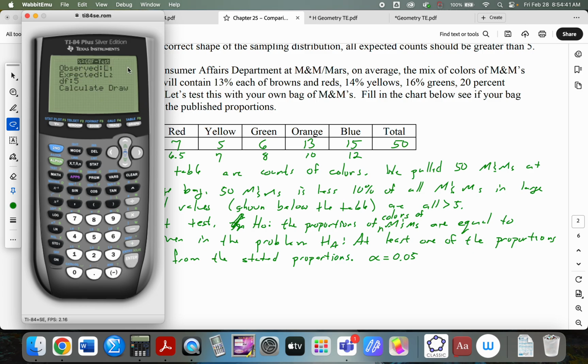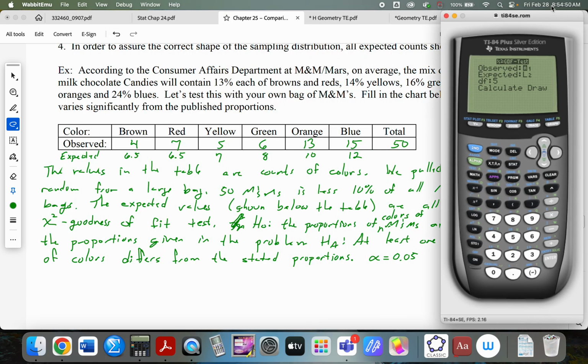It tells us we need to put the observed in L1 and the expected in L2. So I need to go out and do that. So stat, edit. I am going to clear what's in there. Remember, clear, not delete.